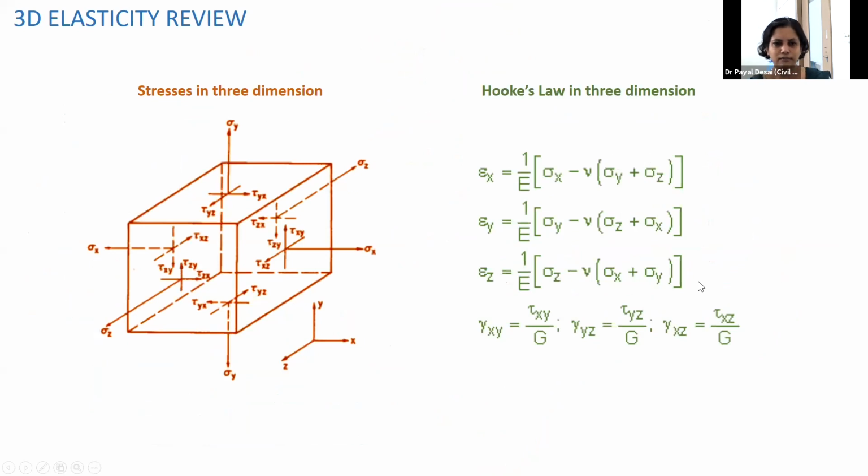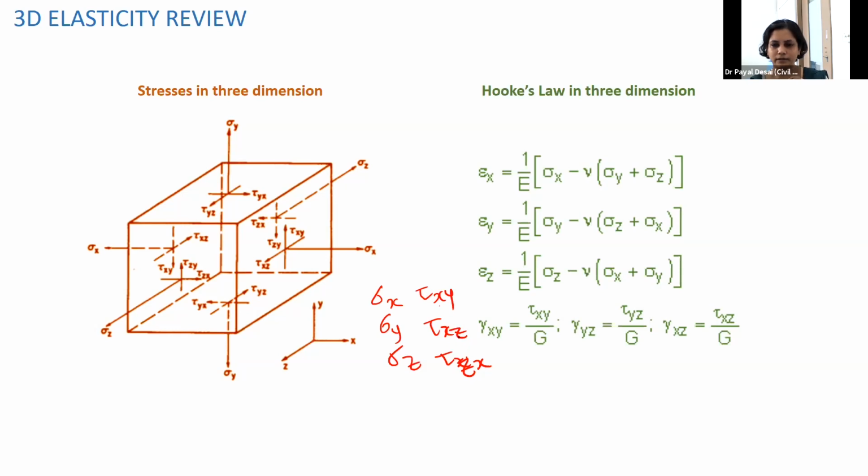Now, the stresses in 3 dimensions can be defined as, there are 6 stress components. 3 normal, that is sigma x, sigma y, and sigma z, and tau xy, tau xz, and tau zx.